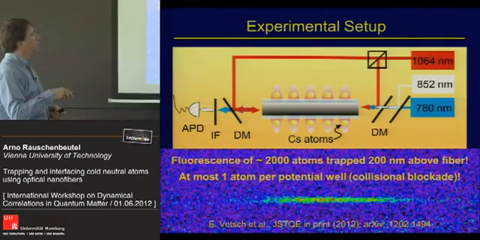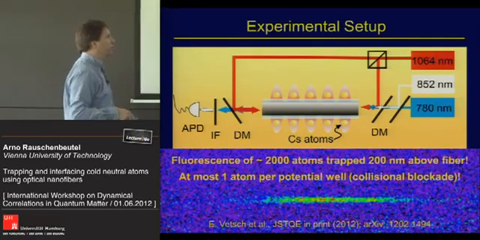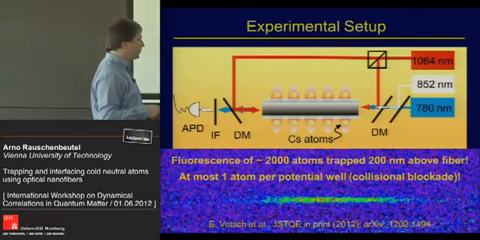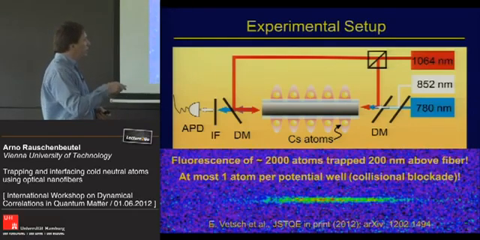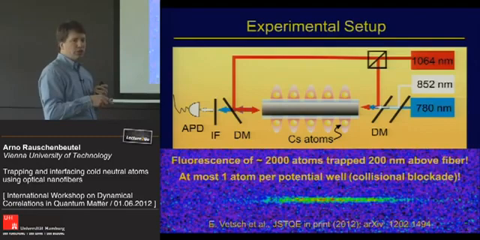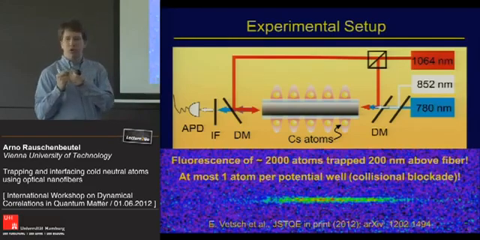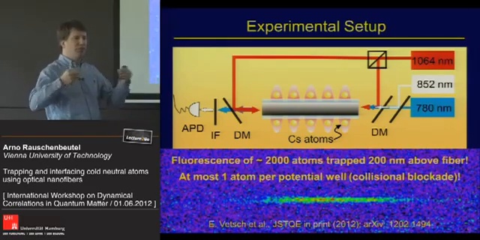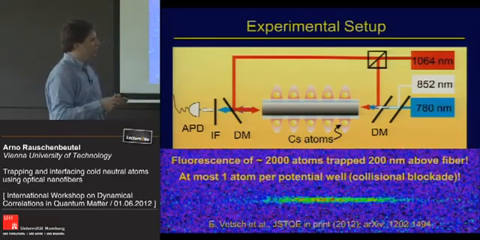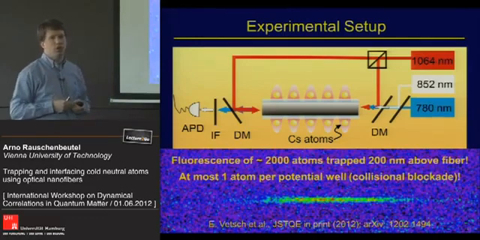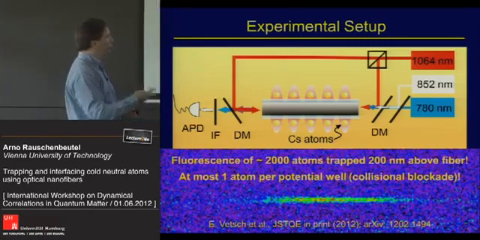What you have to believe me for the moment is that this is actually 2,000 atoms, which are trapped, as I showed you, 200 nanometers above the fiber. And another thing that you have to believe me right now is that this is at most 1 atom per potential well, meaning we cannot have more than 1 atom because the potential well is so small that as soon as a second atom enters the trap in the presence of the near resonant light of the cooling lasers, there is a light-induced collision that Stefan Kuhr also presented on the first day, that he uses to project onto modulo 2 the atom number.